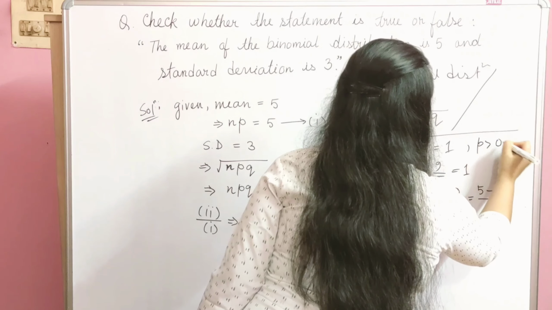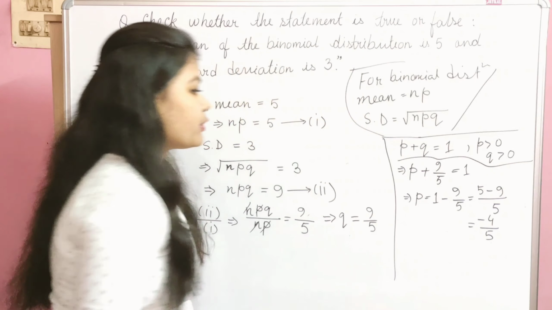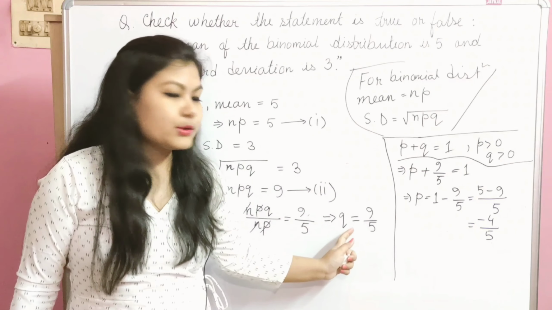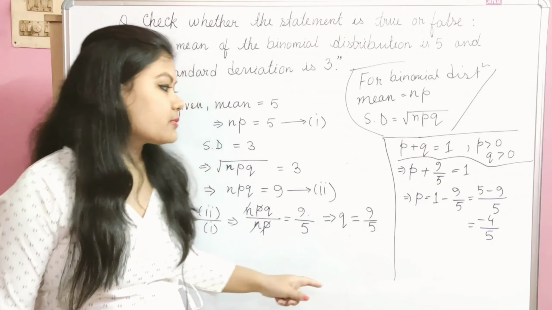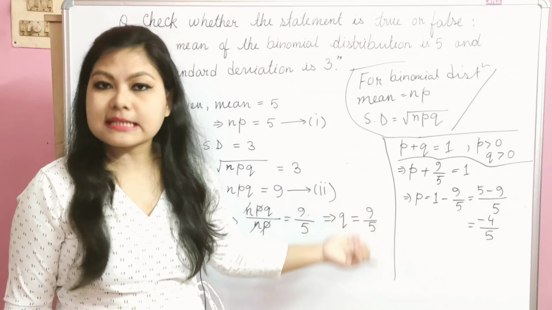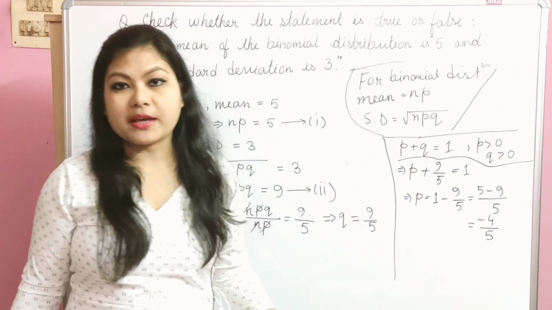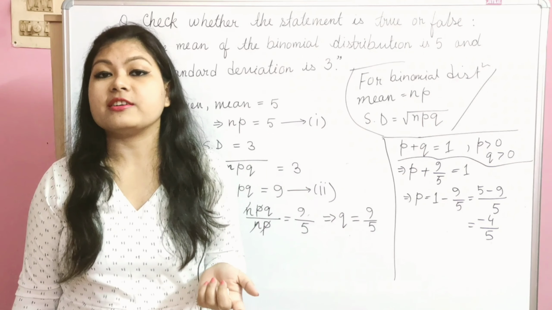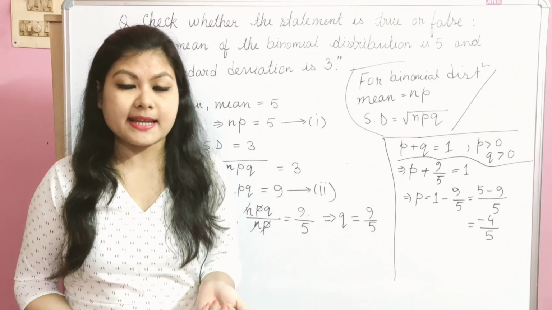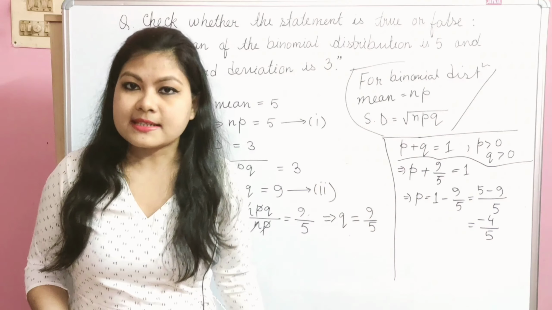Here Q is 9 by 5, which is greater than 0, so this condition is fulfilled, but P is minus 4 by 5. That means this is not greater than 0, it is a negative value. That's why this statement is a false statement.